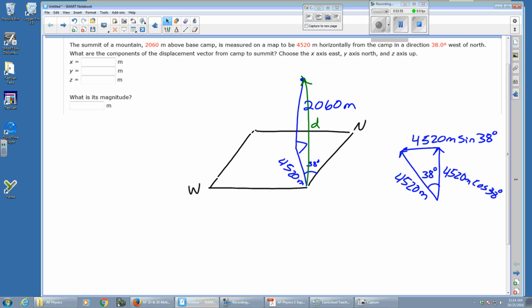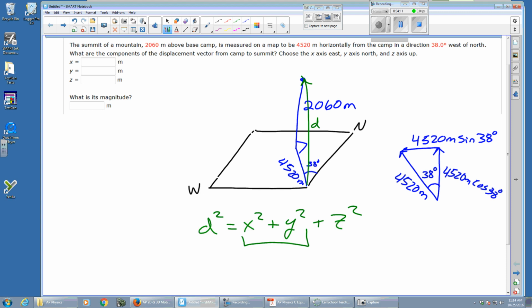Therefore, D squared equals X squared plus Y squared plus Z squared, where X and Y really come from sides of the blue triangle. In a sense, it's a 3D form of Pythagoras. The other way to look at it is that the hypotenuse of the horizontal triangle is the side of the vertical triangle, and this X squared plus Y squared is the hypotenuse squared of the horizontal triangle, which becomes just one of the sides of the vertical triangle.